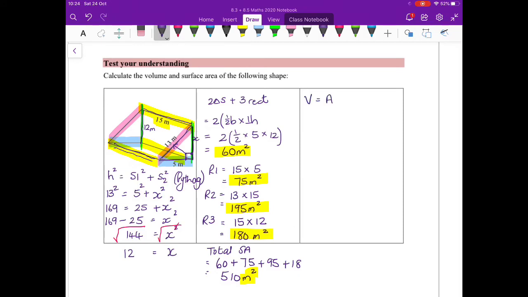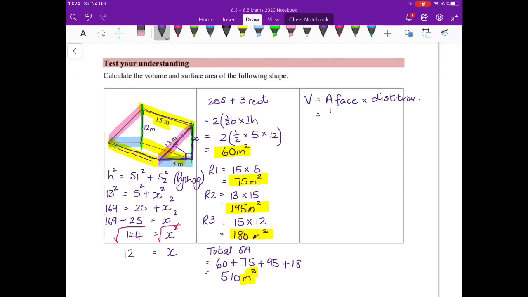Let's look at the volume. So volume equals the area of the face times distance traveled. Right, now the face is the one that makes it a triangular prism, so the face is that triangle there.